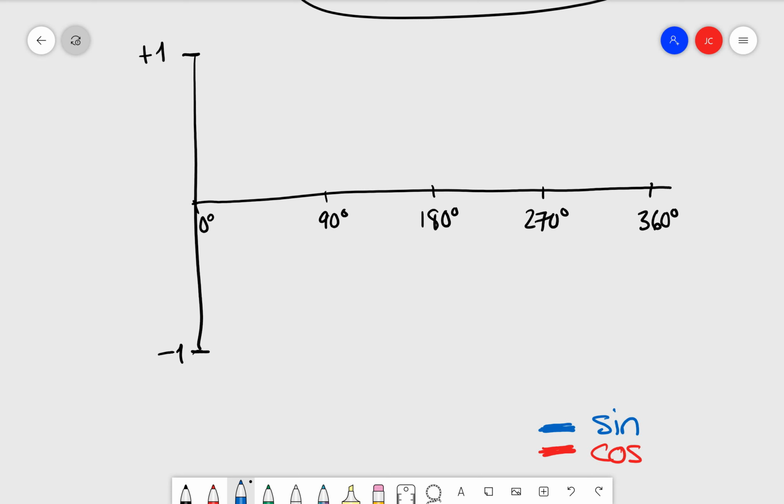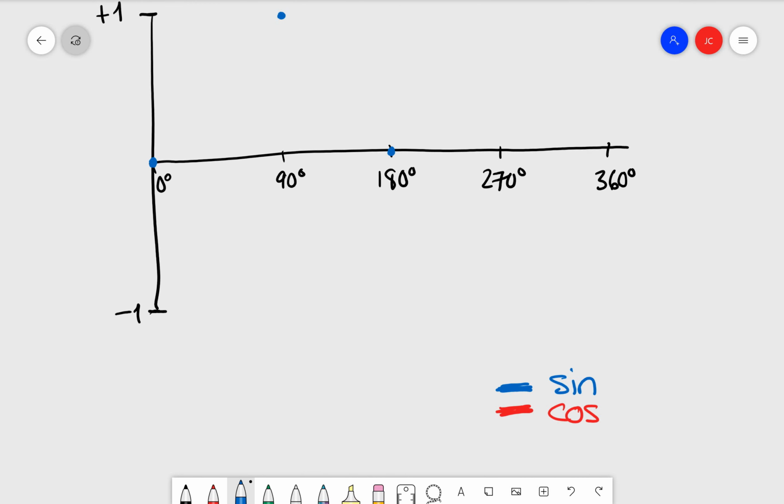Sine of 0 degrees is 0. So literally 0 degrees is 0. Sine of 90 degrees is 1. So at 90 degrees, sine is 1. Sine of 180 degrees is 0 again. So, over there. Sine of 270 degrees is -1.